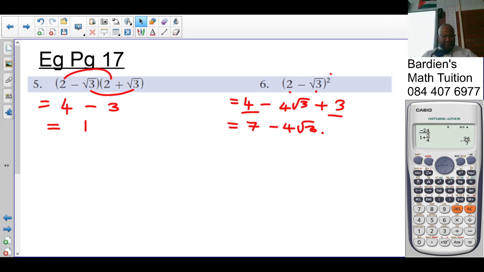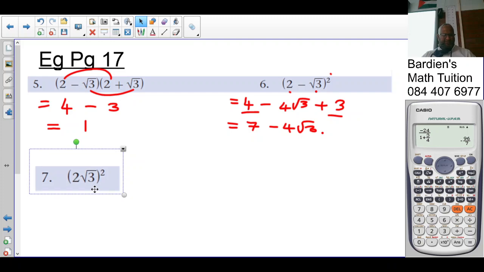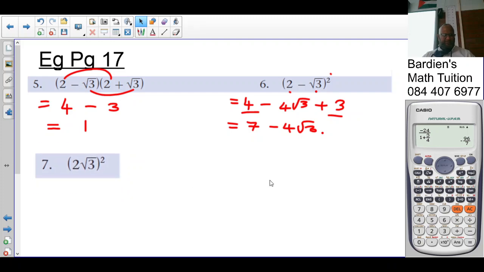number 7 of these examples is going to be 2 root 3 squared. So 2 root 3 squared, what is 2 squared? 4. Root 3 squared, 3, or root 9, which is 3 anyway.